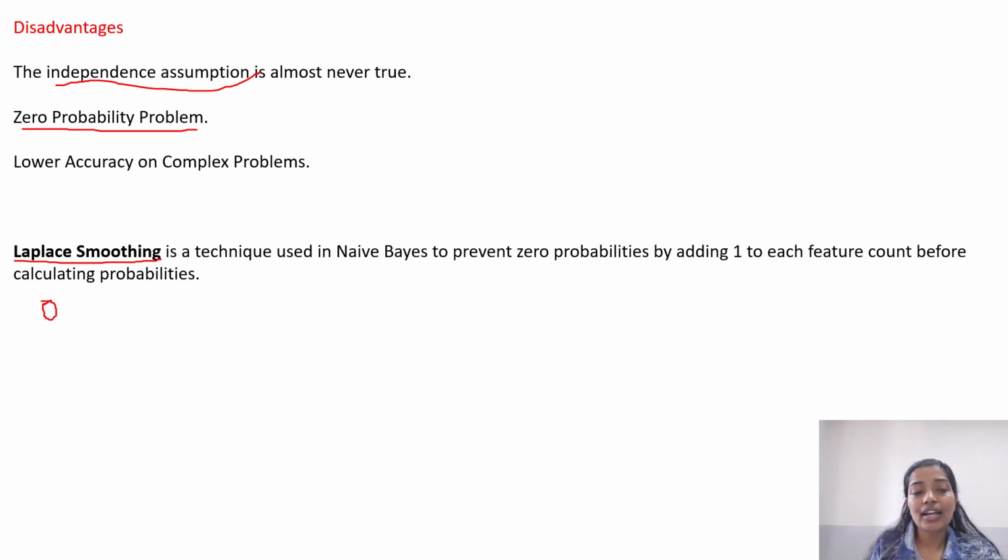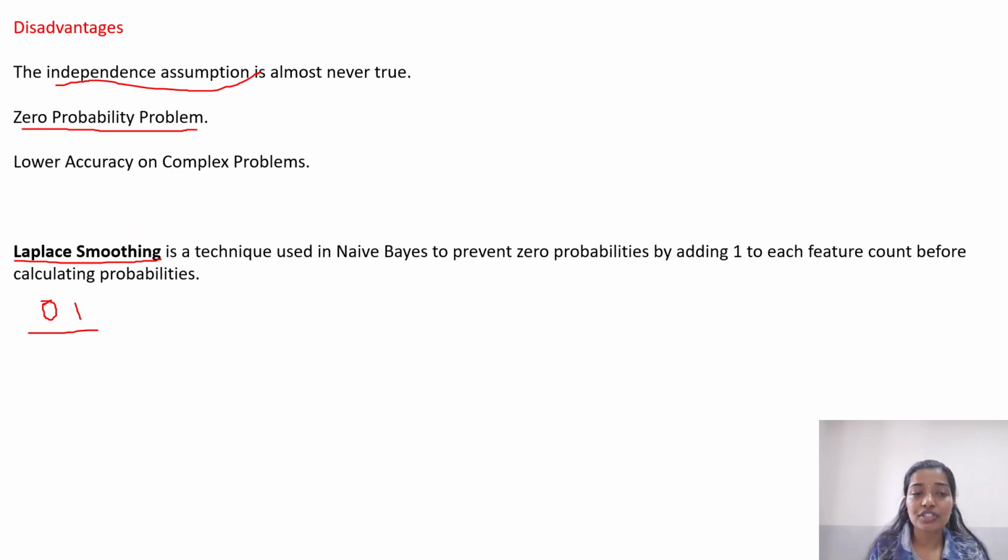The probability in our data set will be zero. So let us say we had not studied and failed, but there was no data point of not studied but passed. So let us consider that example: a student that did not study but still passed.